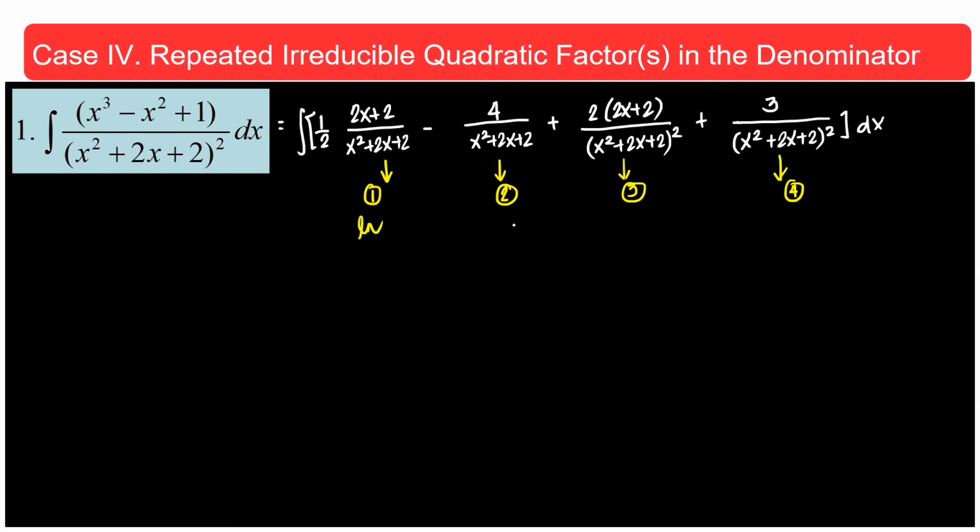Number 2, yes, it's arctangent. Number 3, yes, power or general power formula. Number 4, this is trigonometric substitution. So let's solve number 1.